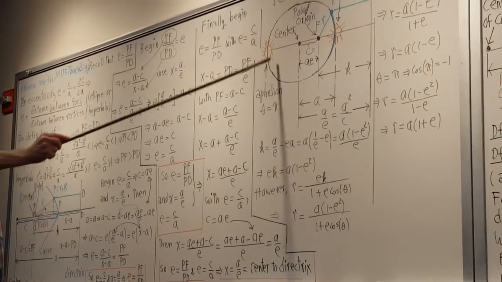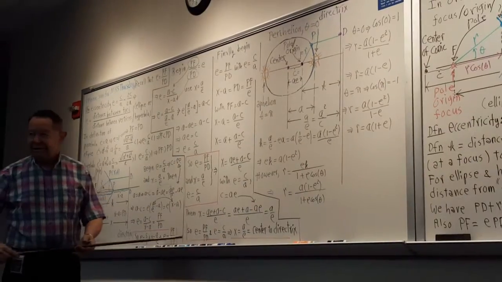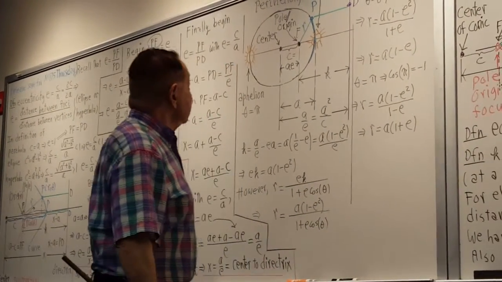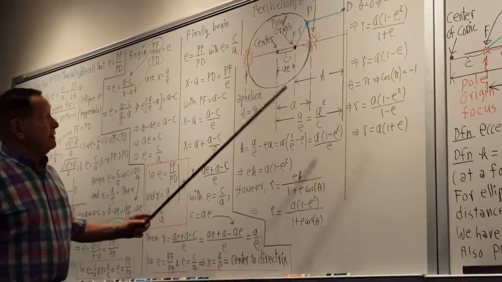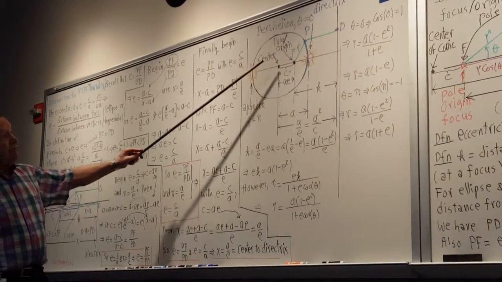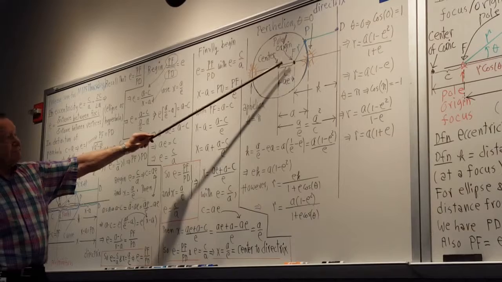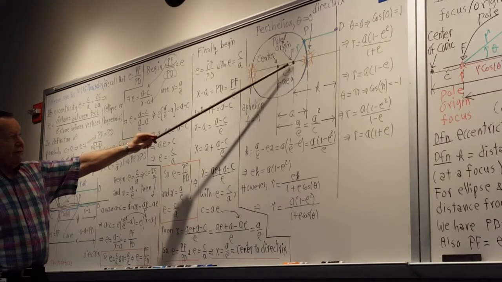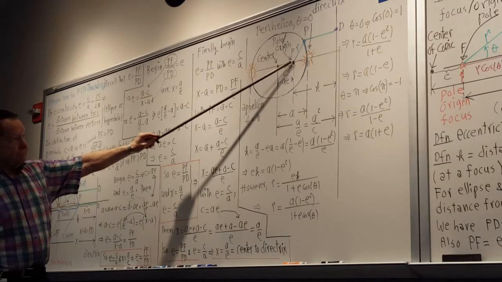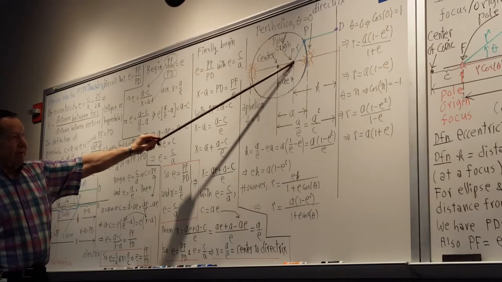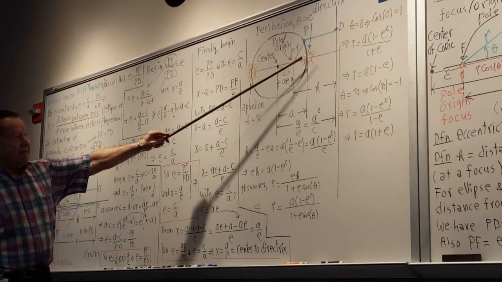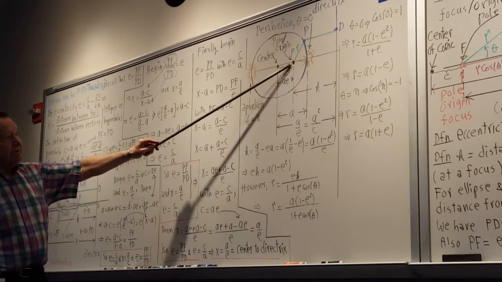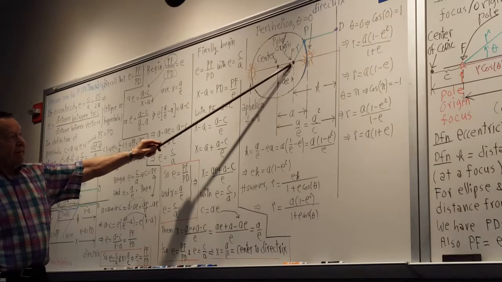If you're thinking especially of something like the Earth, then we have the center of our orbit, we have the sun at one focus, and then if we're over here, we are closest to the sun.